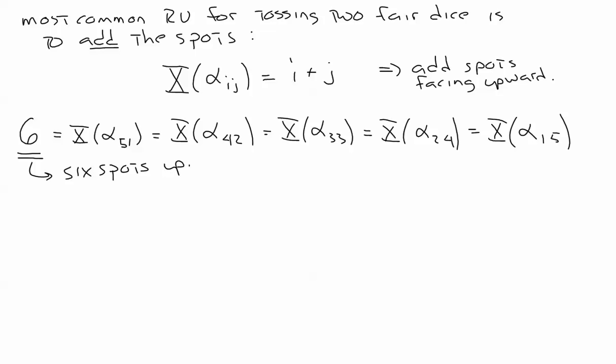In other words, if I have 5 spots up on the first die and 1 spot up on the second die, or 4 spots up on the first die, 2 spots up on the second die, etc., I end up with 6 total spots up.